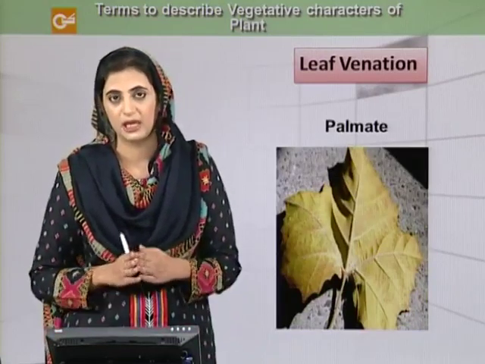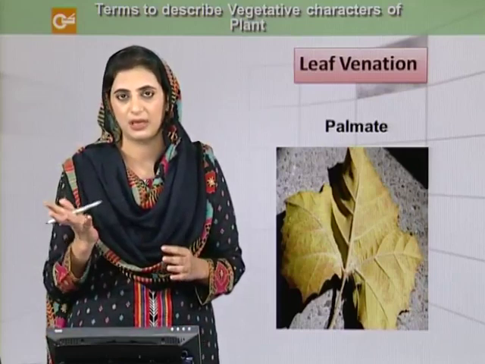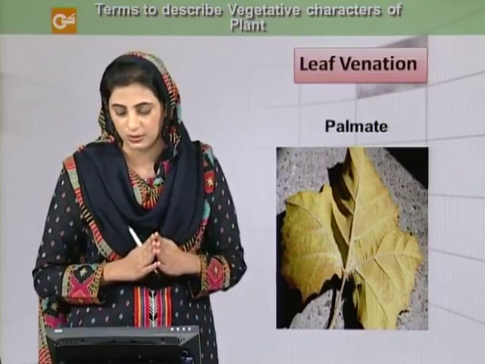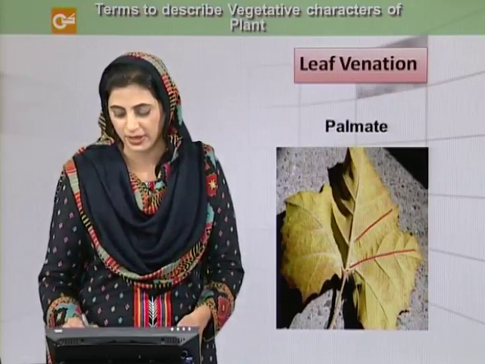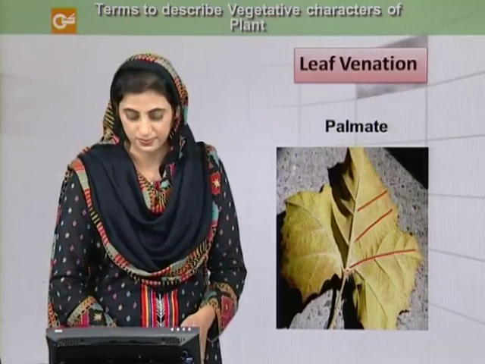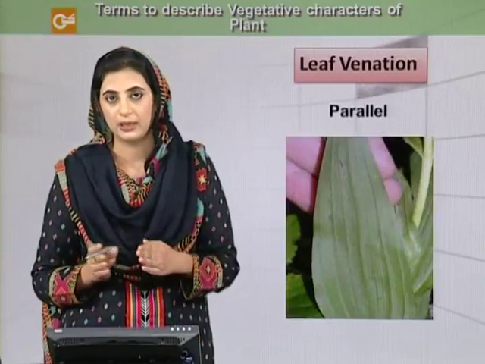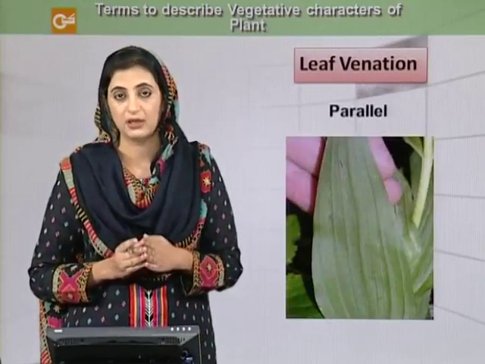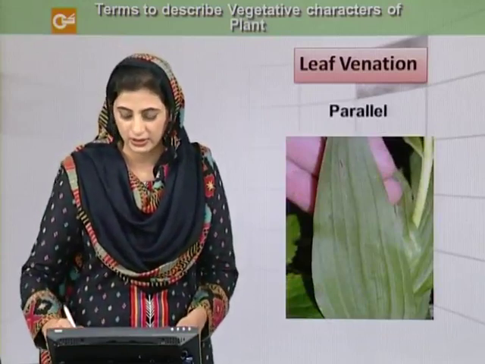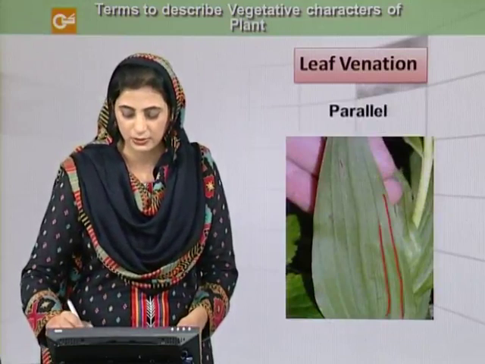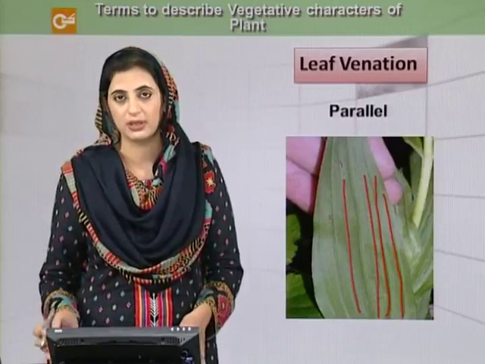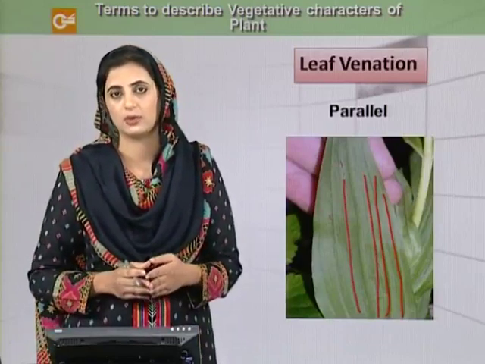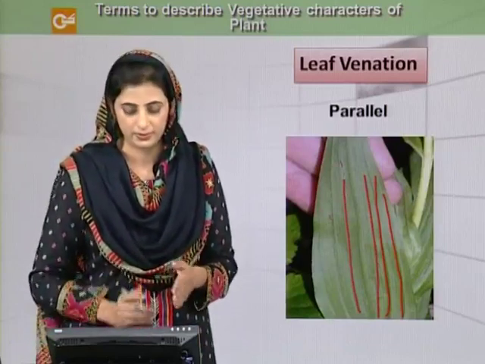And in palmate type, which resembles the hand or palm, we can see that there is more than one primary vein. And in parallel venation, we can see that veins originate parallel to each other, and mostly the center one is a thick one, and it is called the midrib or midvein.